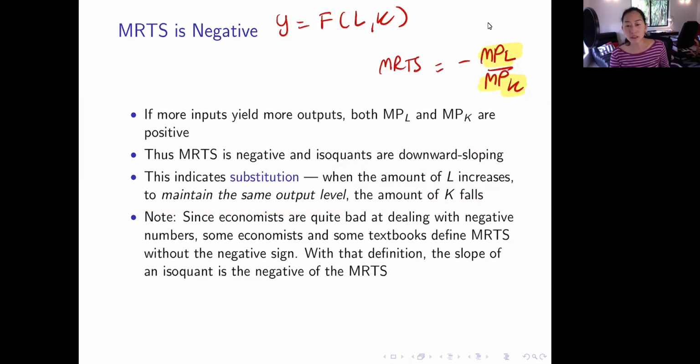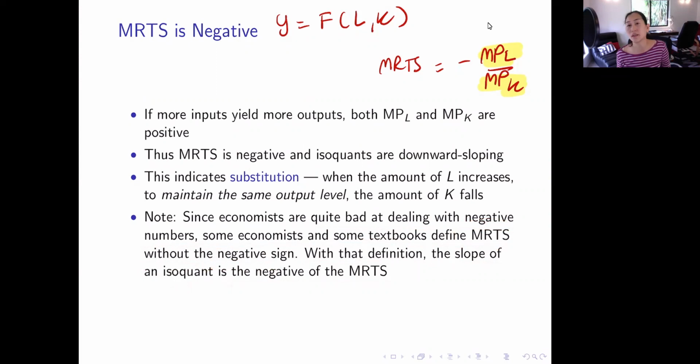But since economists are quite bad at dealing with negative numbers, some economists and some textbooks may define MRTS without the negative sign. So with that definition, the slope of isoquant is the negative of MRTS. So it's just some remarks: if you read the textbooks, they might define MRTS in a slightly different way without the negative sign.